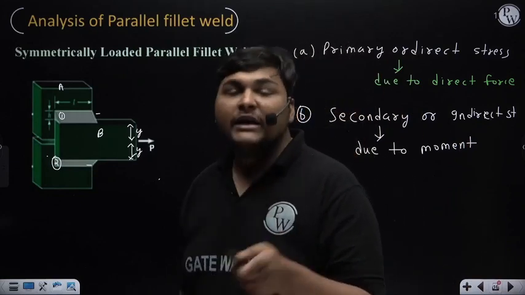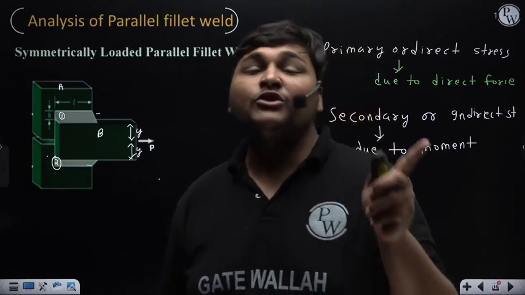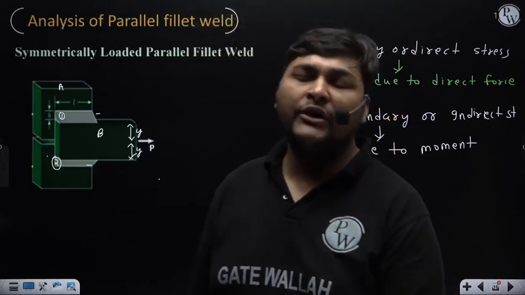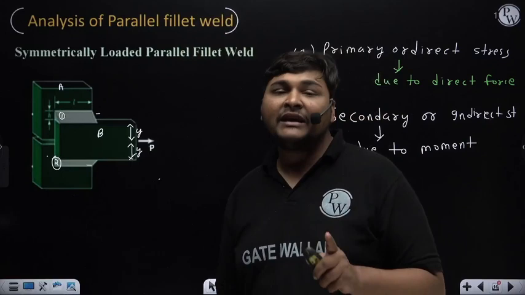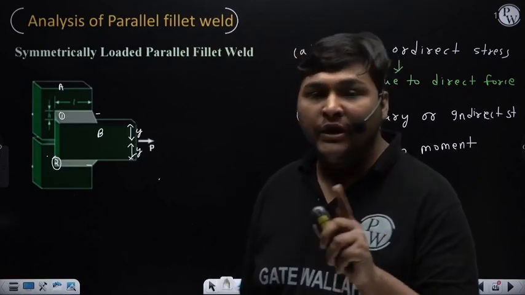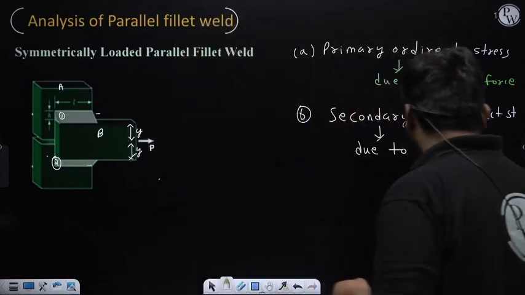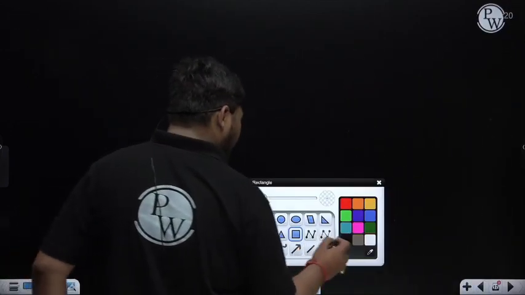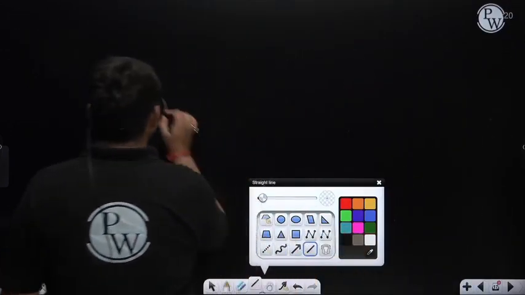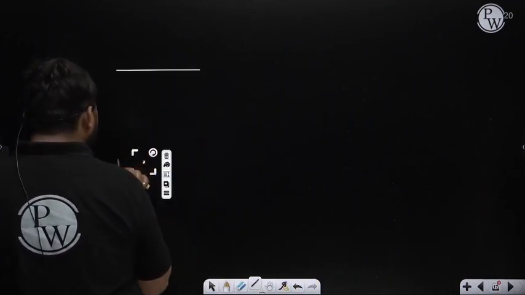But if the line of action of force is not passing through the combined centroid of the weld, then in that case secondary stress will also be induced in the weld. I am explaining this through a diagram. Suppose just for understanding, this is weld 1 and this is weld 2.